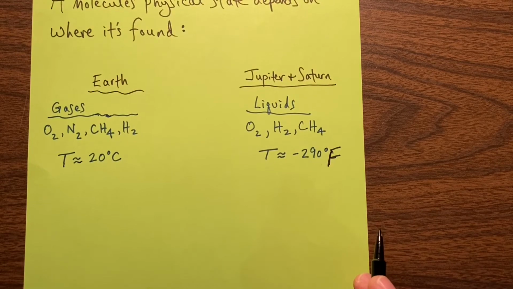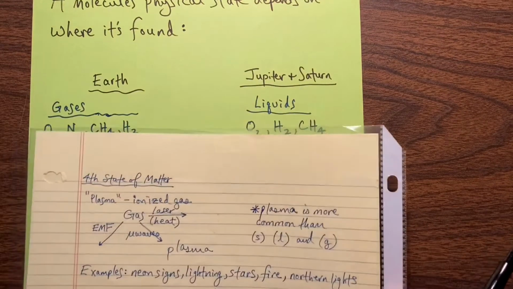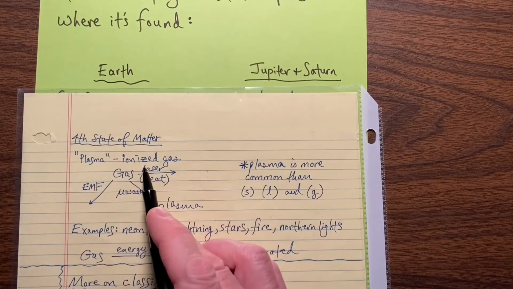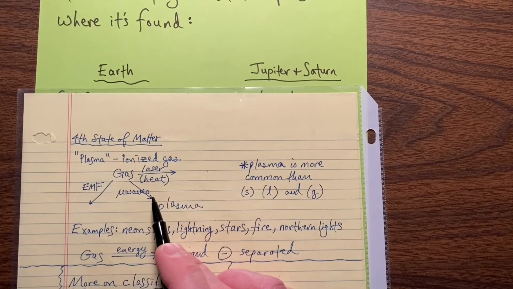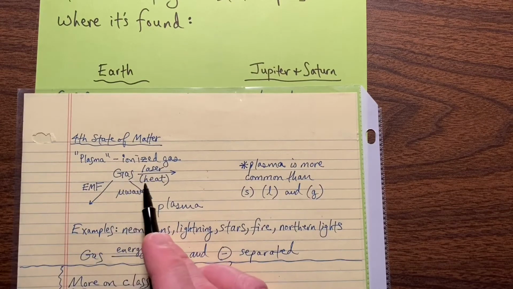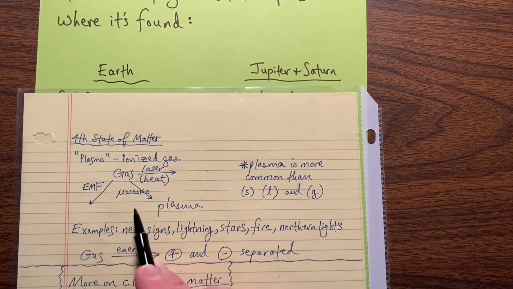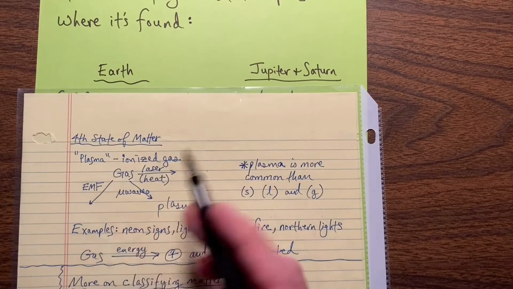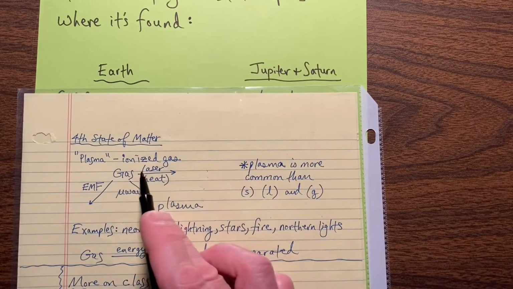That fourth state of matter I was talking about, the plasmas, is not something we're going to talk about too much, but it is extremely important. Plasmas are ionized gases, and you can form a plasma if you take a gas and give it what's called electromotive force, zap it with microwaves, or hit it with a laser beam.